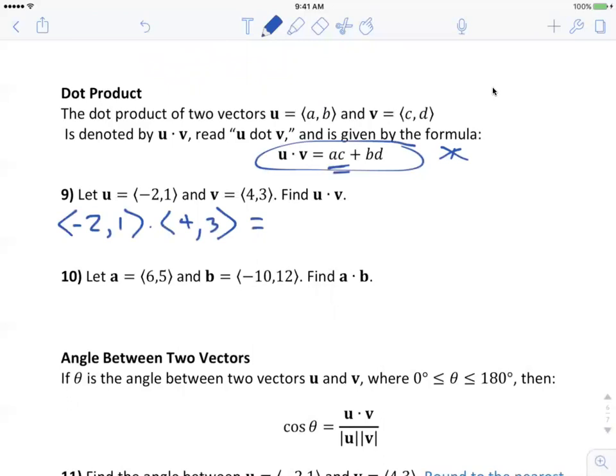So in other words, the two horizontal components, -2 times 4, multiply those together. And then add to that the vertical components multiplied together, 1 times 3, the b and the d, right? And then so I multiply the -2 and 4, that's -8. 1 times 3 is 3. -8 plus 3 is -5. Okay.